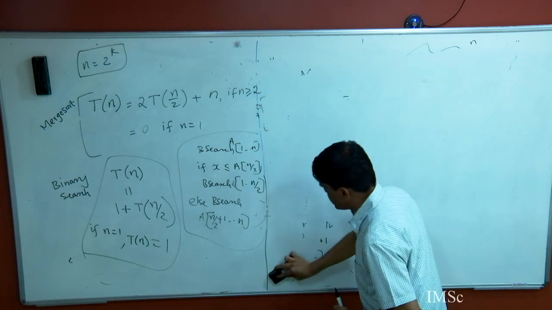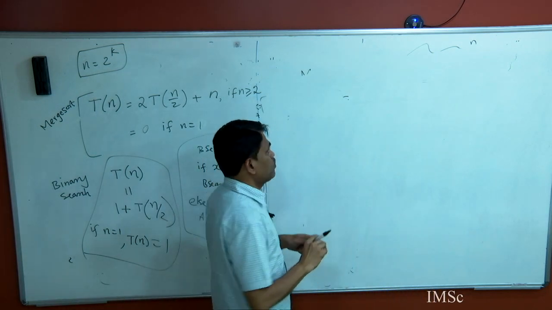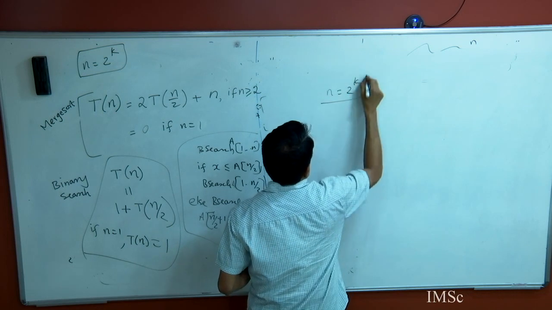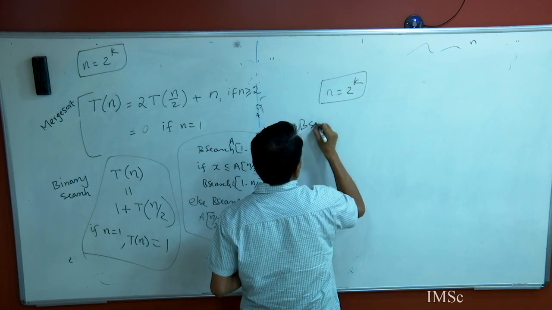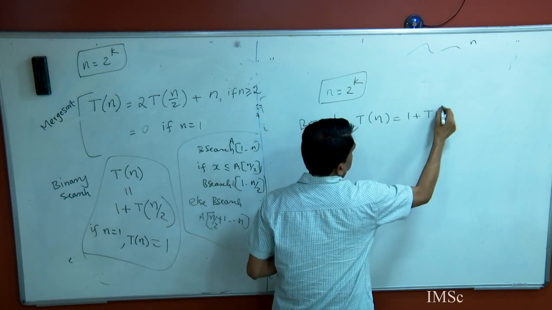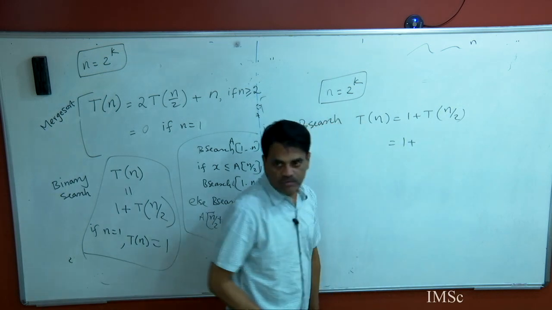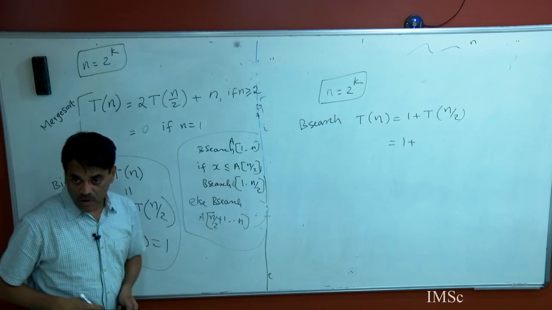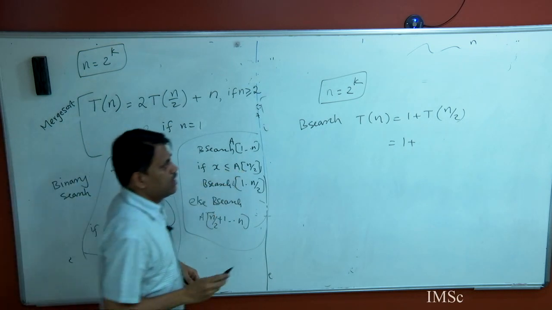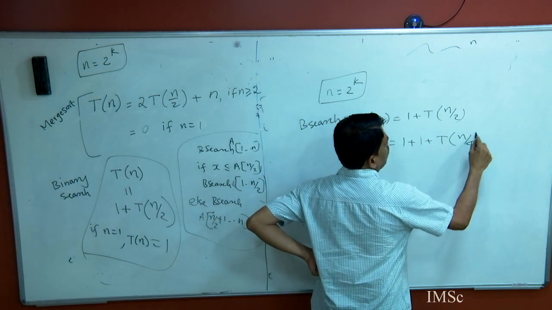So, the idea is to just keep expanding, right. Again, let us say n is 2^k. Let us look at binary search. T(n) is 1 plus T(n/2). Well, what is T(n/2)? Just bootstrap in the same equation, it will be 1 plus T(n/4).